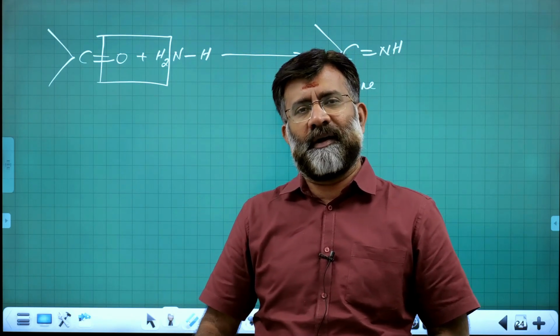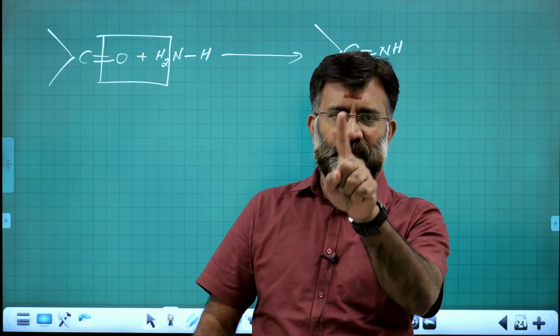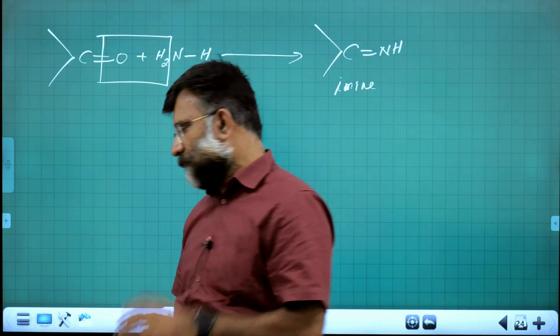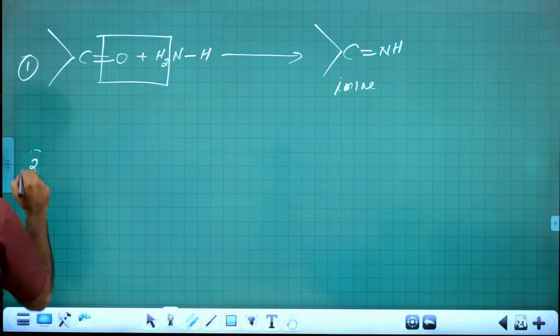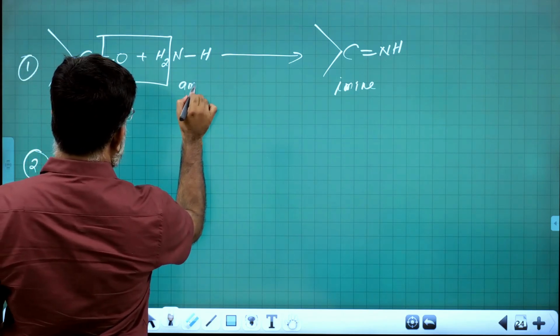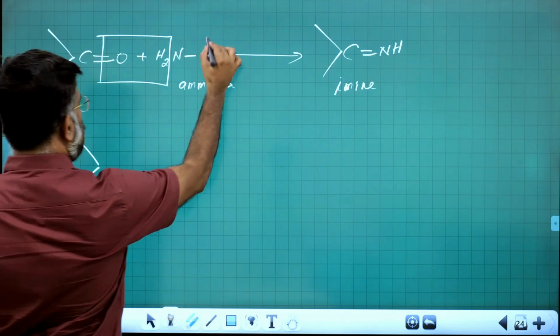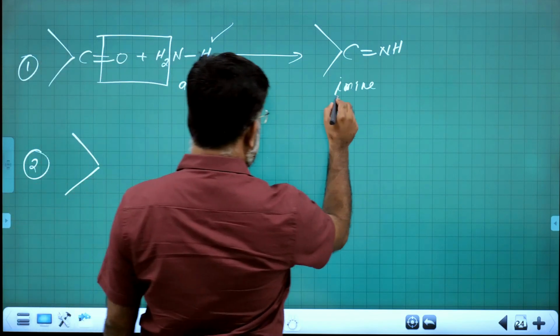Number 1, reaction of aldehydes or ketones with ammonia, where in the place of Z it is hydrogen, the product obtained is imine.